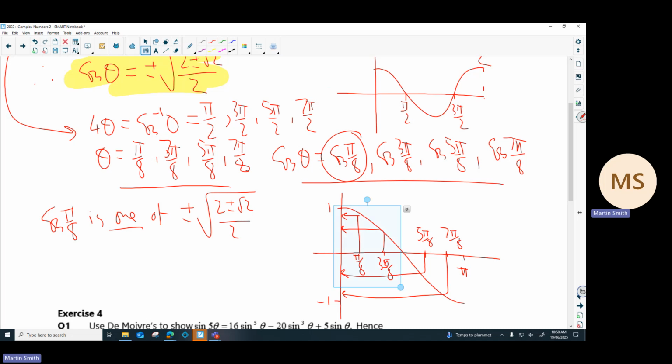What we can see is that because cos is a decreasing function on the interval between 0 and pi, cos of pi over 8 is the most positive of these 4 surds.